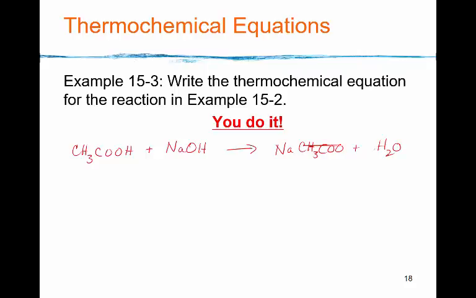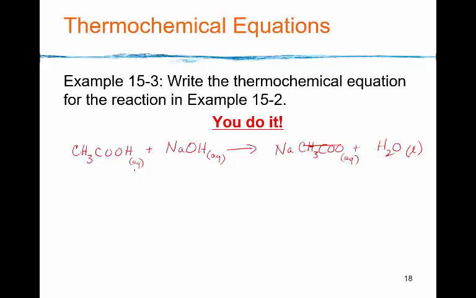And water, when it's formed, is usually a liquid. The others were aqueous, and that means they're dissolved in water if you don't remember that.